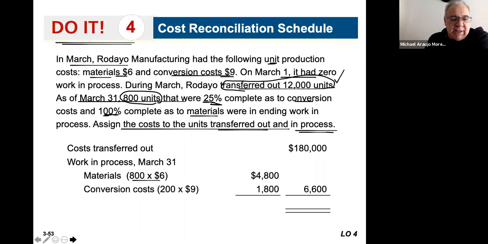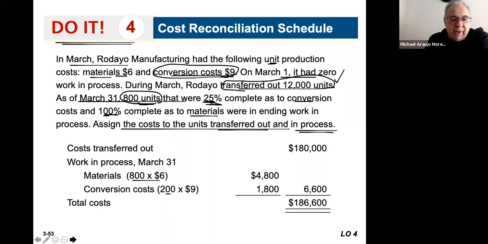But in this case, only 25% were accounted for the conversion costs. So you have a couple of choices mathematically, right? But in essence, if you look at these 800 units as 25% complete, that would be 200 units times the 9. So the work in process conversion cost was only $1,800.